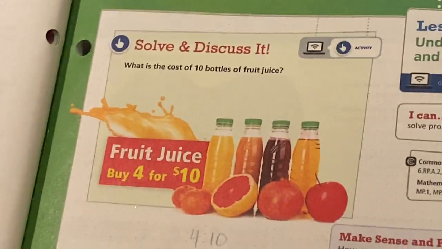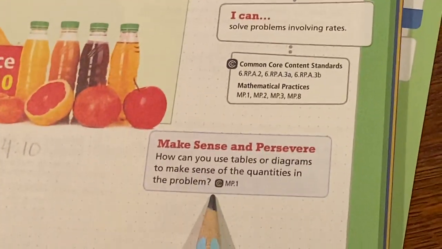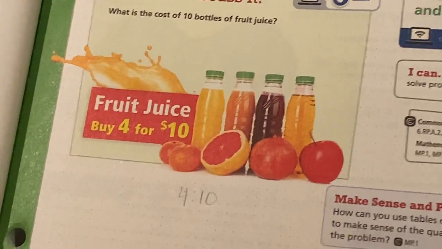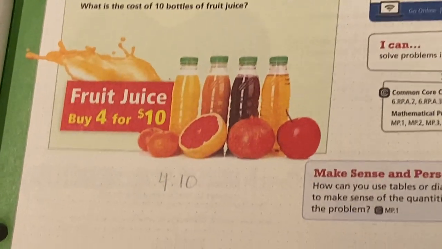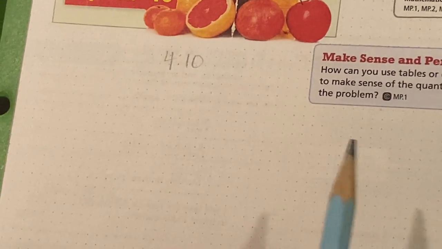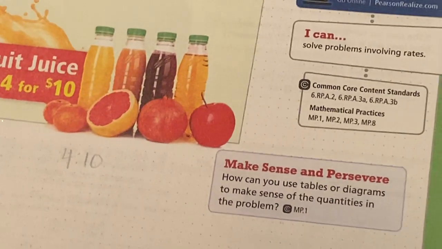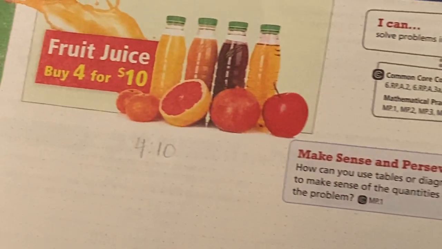How can you use the tables or diagrams to make sense of the quantities in the problem? If we know that 4 bottles of juice cost $10, how can we figure out how much 1 bottle of juice costs? Or how much 20 bottles of juice costs?